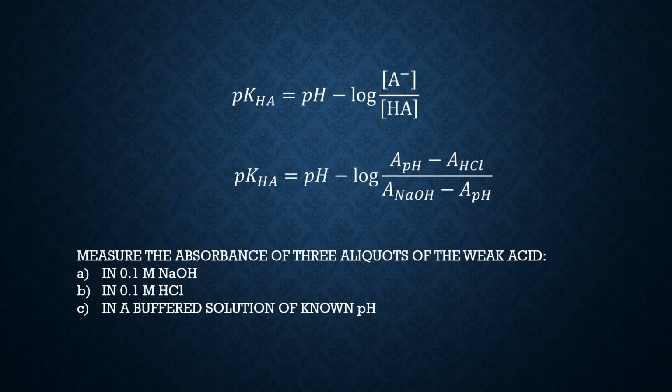The absorbance in the HCl solution and the absorbance of the NaOH solution have been determined previously. So with a single absorbance measurement at a given pH, plus the information from the driven systems, I'm able to determine the pK for the weak acid.